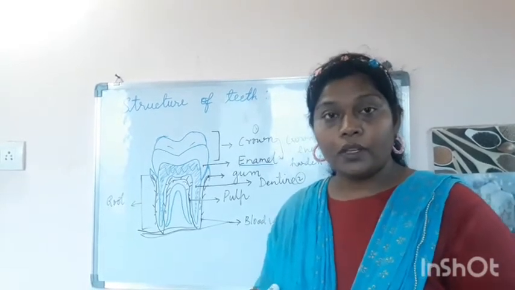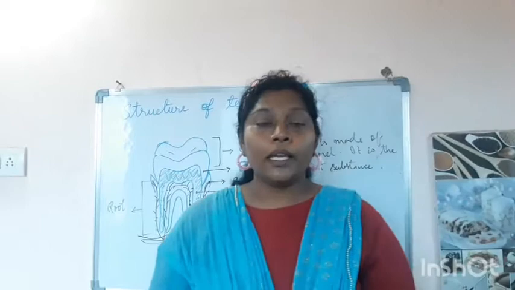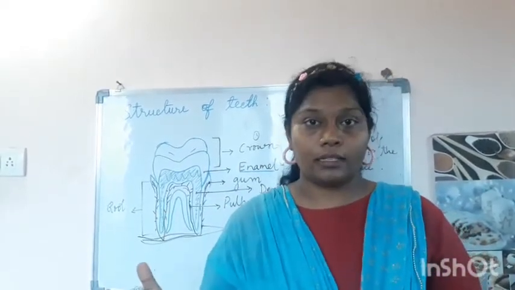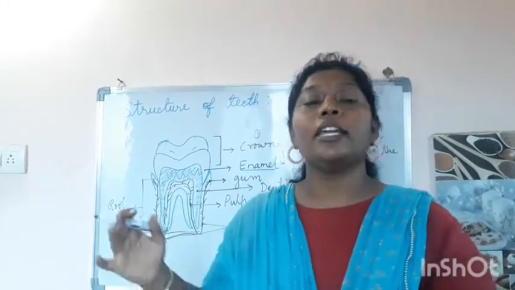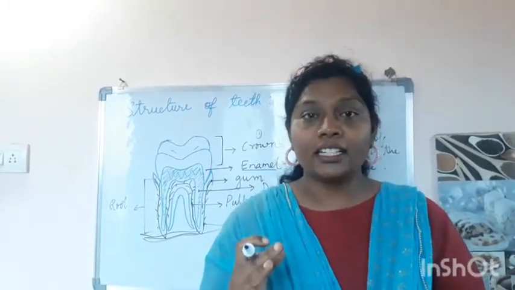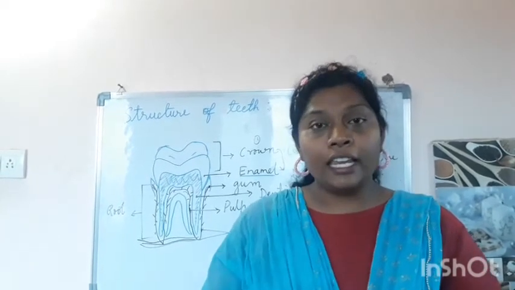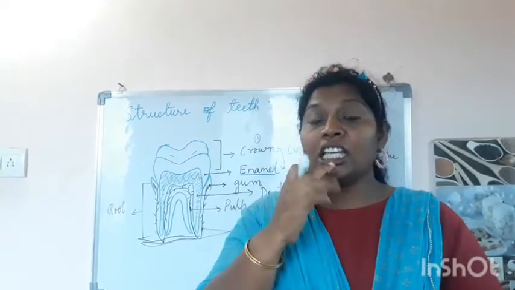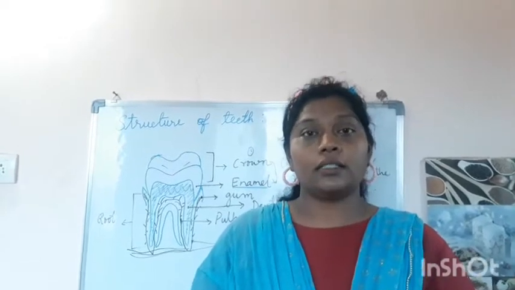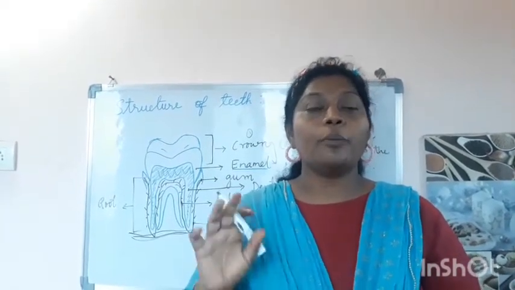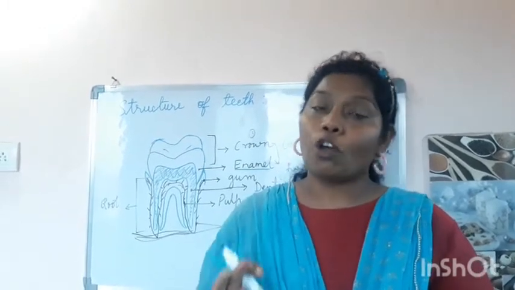A human being can live around 60 to 80 years or even more, and all these years he has to eat if he wants to live. For eating any food, teeth are very much required. If the teeth are not present, the person cannot eat the food properly.